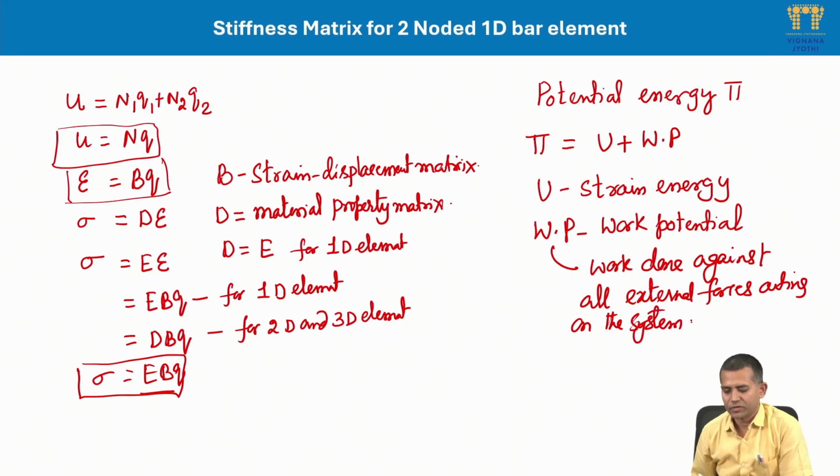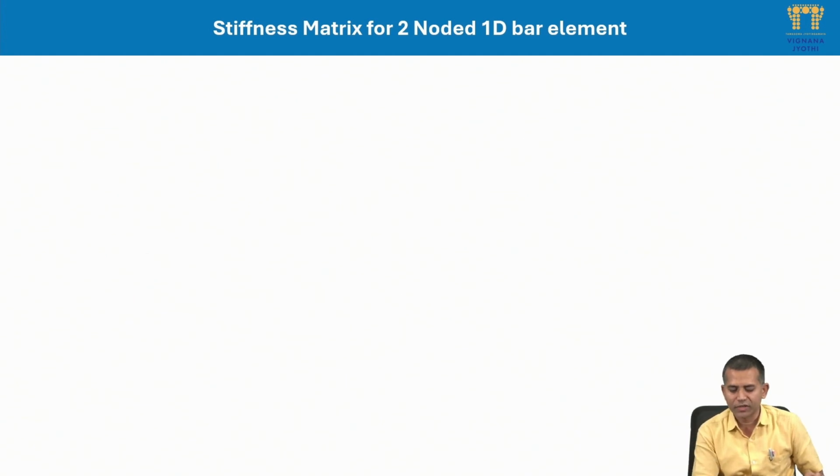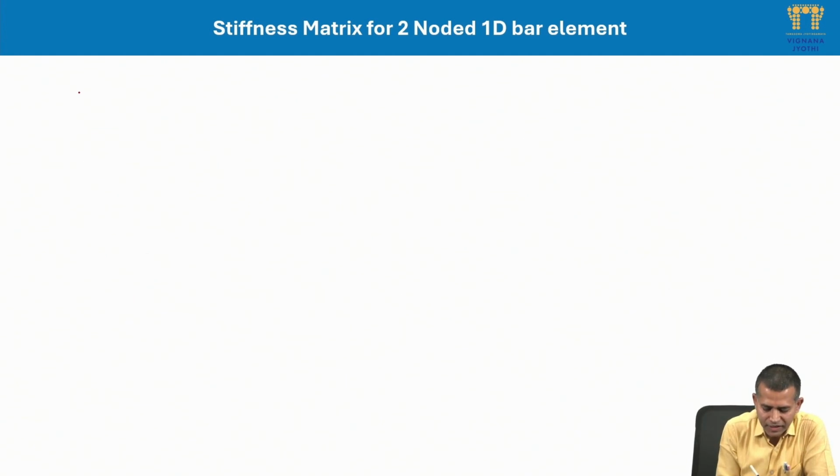So we use this potential energy to find the stiffness matrix for the two-noded 1D bar element. If you write the potential energy phi, the strain energy U is the volume integral of sigma transpose into epsilon into dV.